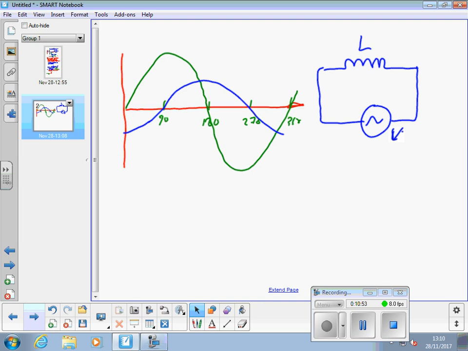Don't get confused by the fact that the blue one appears to be ahead. Remember, that direction is later in time. So the blue waveform crosses the x-axis after the green one. The current is lagging the voltage. Okay?